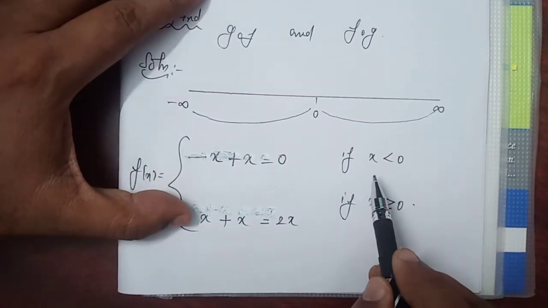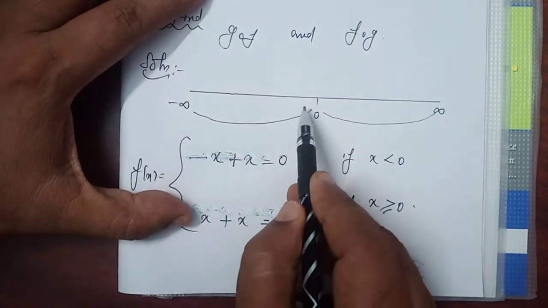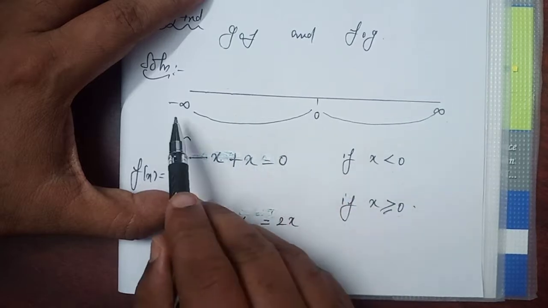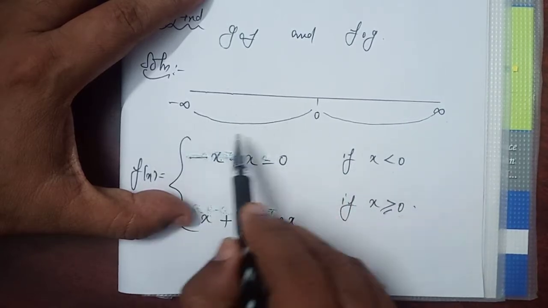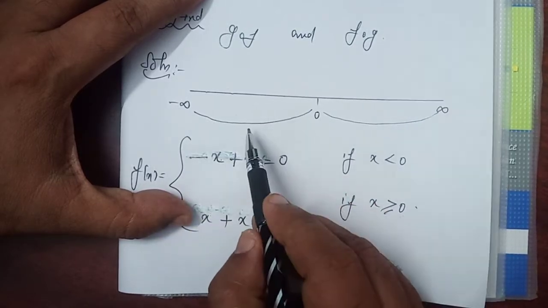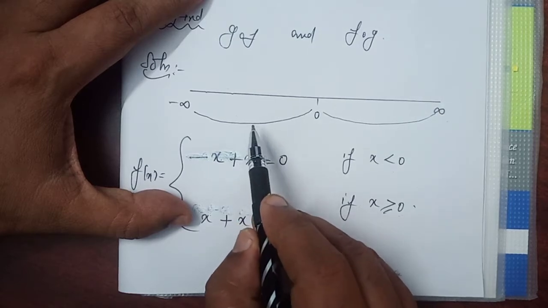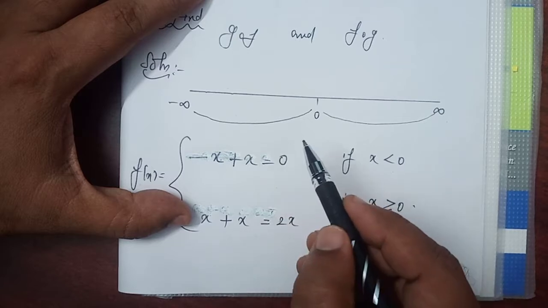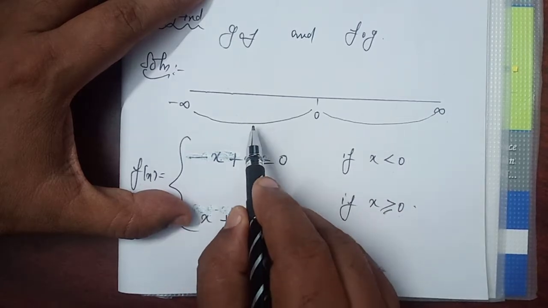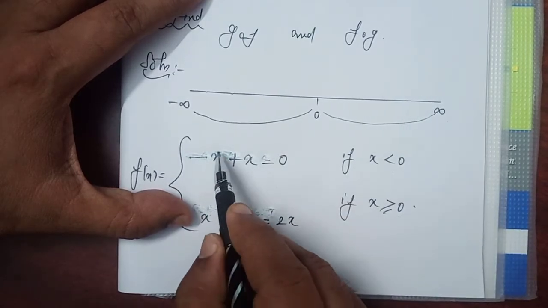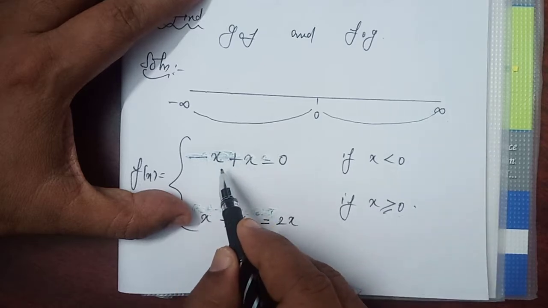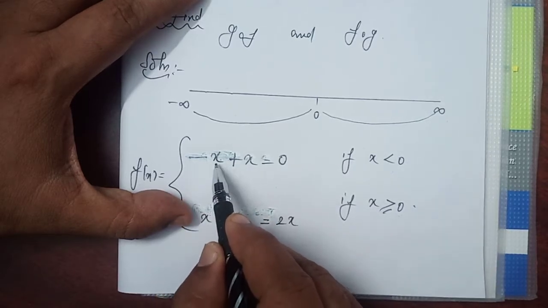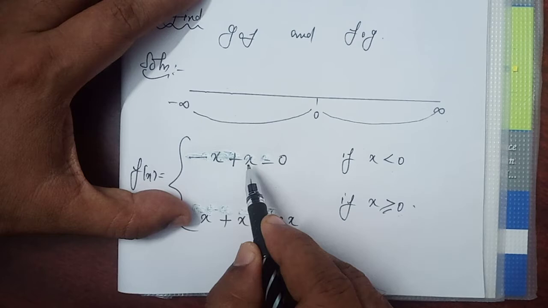Listen, x less than 0, in that case consider any one number, it is full of negative numbers only. Okay, I consider minus 3, surely minus 3 will be in this interval. Now substitute x equals minus 3. If we replace x by minus 3, minus of minus 3, that is equal to plus 3. What is the value of x?